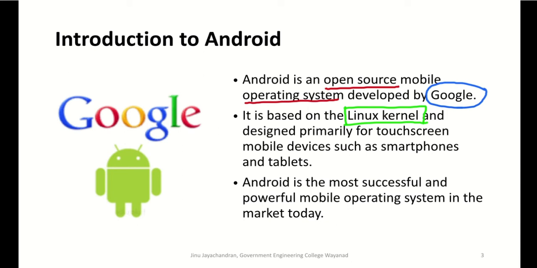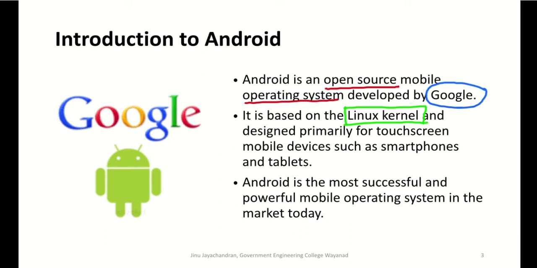So the Linux kernel is the core part, and the main functionalities of the Linux kernel include the drivers like Wi-Fi, keyboard drivers, etc. So basically you will be able to interact with any of the hardware.